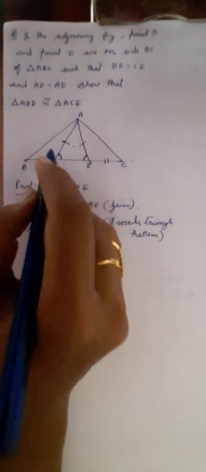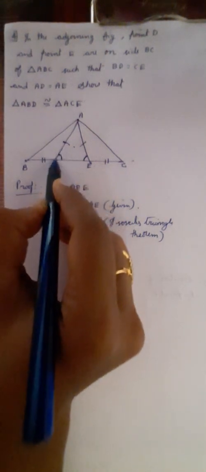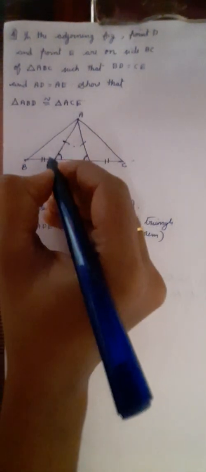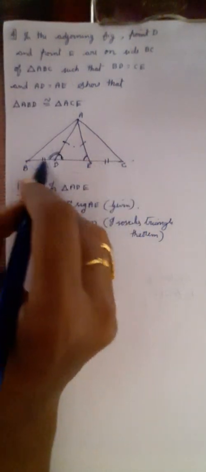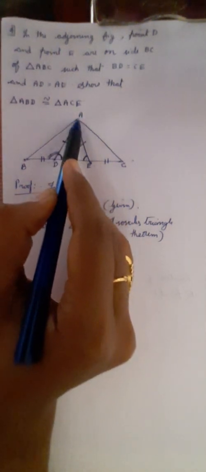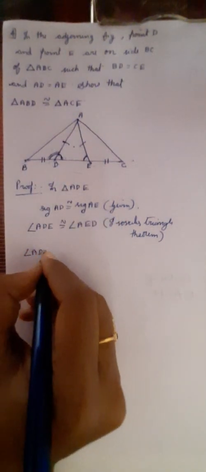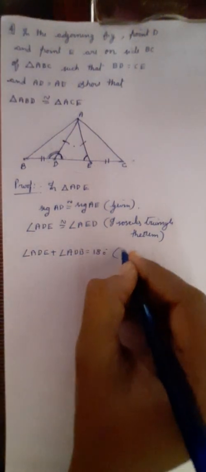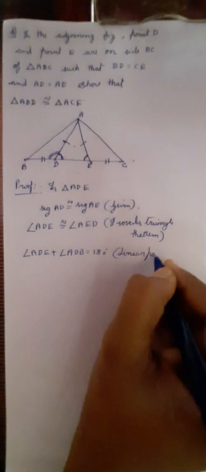Now just think about angle ADE and angle ADB. Angle this and angle this. So this is a straight line. On the straight line, if we have two attached angles, you can call them linear pair angles, correct? So the sum of linear pair angles is 180 degrees. So angle ADE plus angle ADB equal to 180 degrees, linear pair angles.